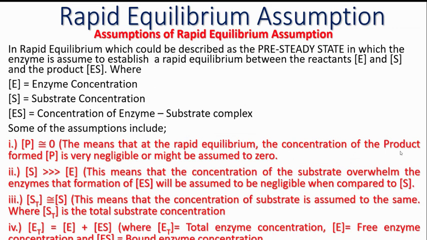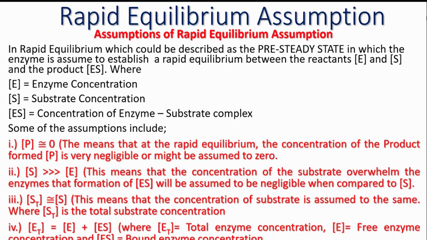Now, these assumptions include, one, that at the pre-steady state, the product is equivalent to zero. This means that at the rapid equilibrium, the concentration of product formed is very negligible. It might be assumed to be 0. So in other words, we are just saying products are not yet formed.